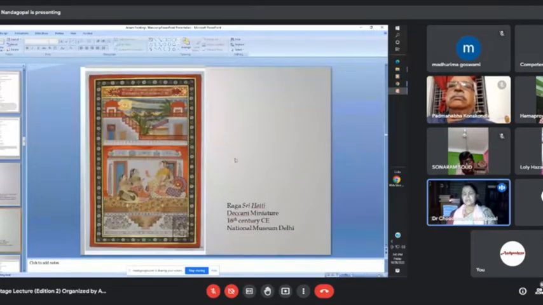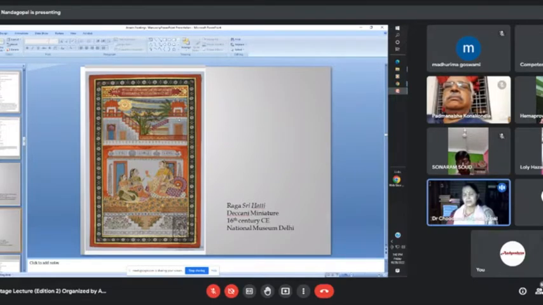This is a series of Deccani miniature paintings. This also is beautifully illustrated, but you have to search where is the script. So here you find the features of the raga. Sri Rakti is given here. Sometimes they give the Arohana and Avarohana and the scale of the swaras.